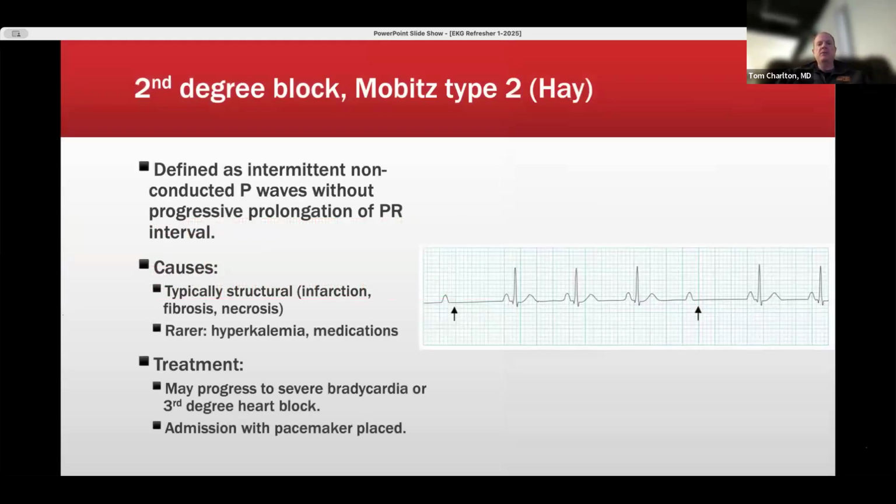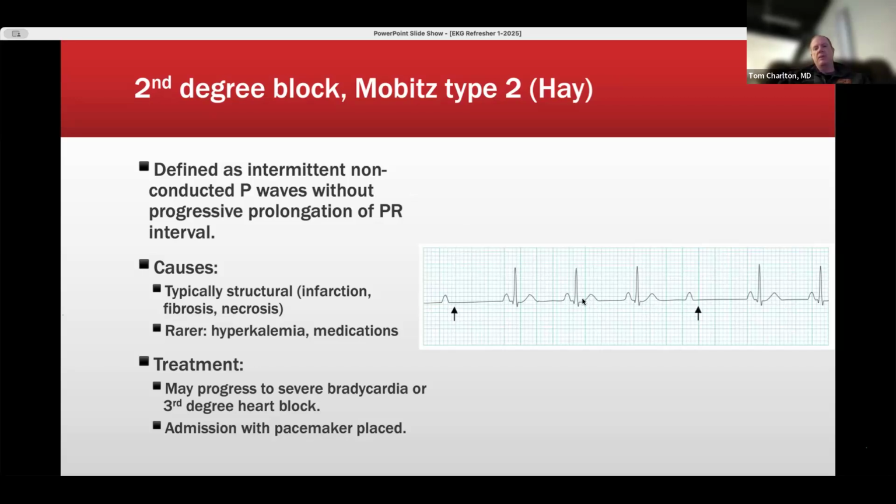A Mobitz type 2 or a Hay second degree block is where we just all of a sudden drop a beat. It just doesn't go through. And this is a much different animal than the Wenckebach. This typically is going to be something structural, all right? Whether that be they had an MI, they've got a fibrosis disorder where a bunch of scar tissue is occurring within the myocardium itself. Sometimes this is just age. And what happens is you all of a sudden will just get this beat dropped.